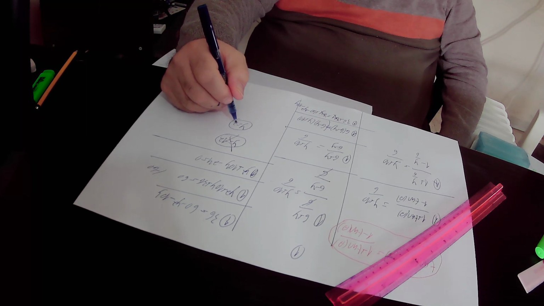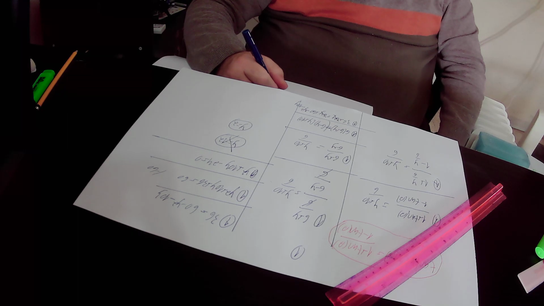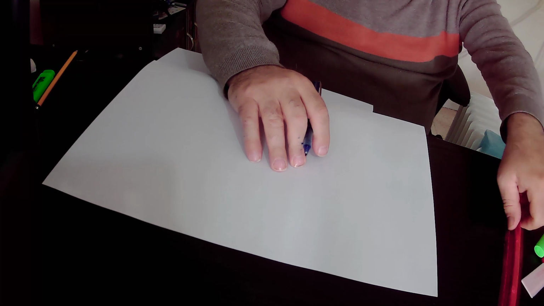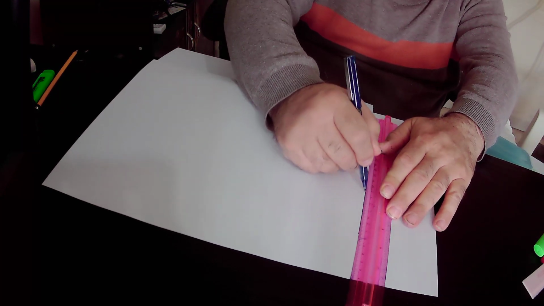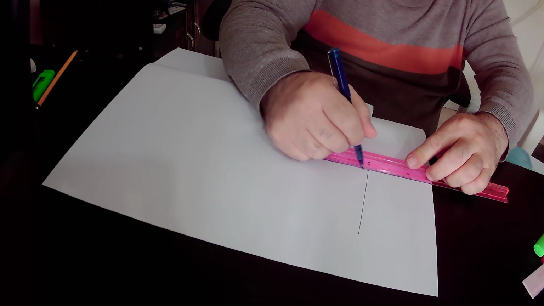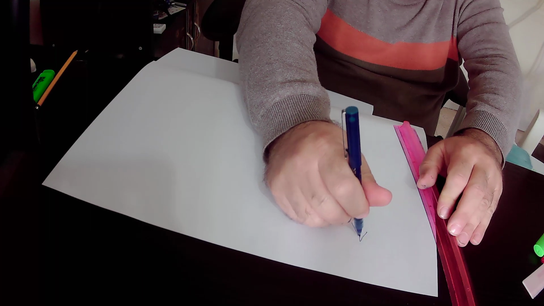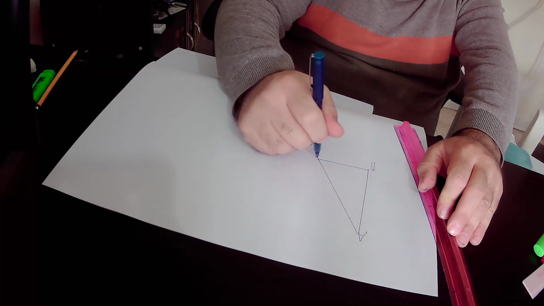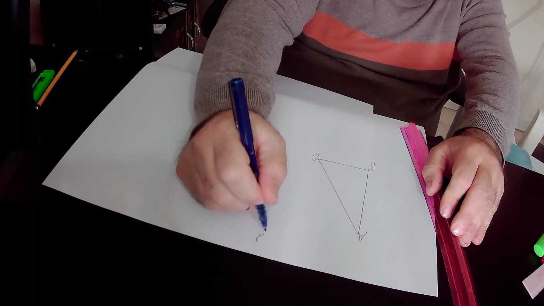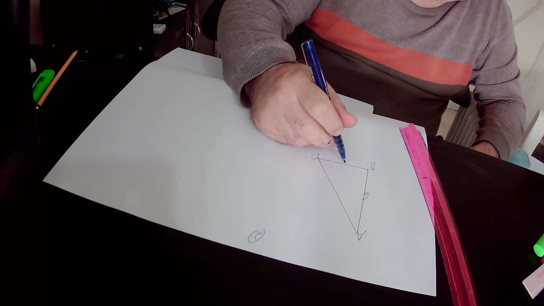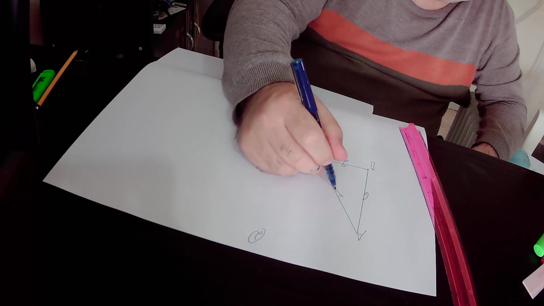Then I drew the right triangle ABD, and in the right triangle ABD we have AB equals 6, BD equals y, that is 2, and AD is the missing variable x.